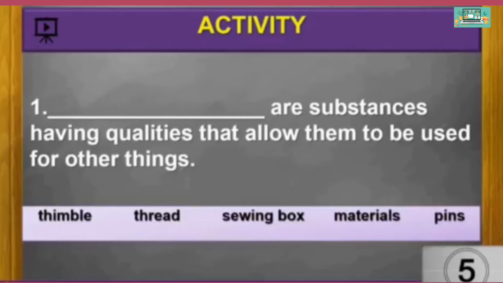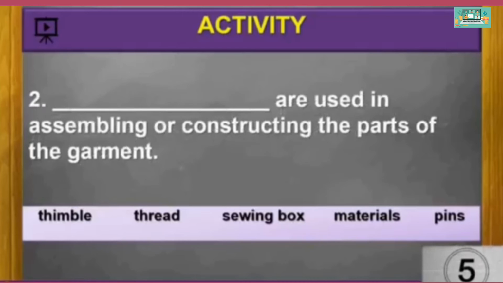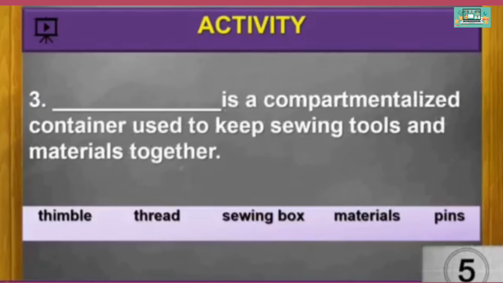Number 1. Blank are substances having qualities that allow them to be used for other things. Number 2. Blank are used in assembling or constructing the parts of the garment. Number 3.